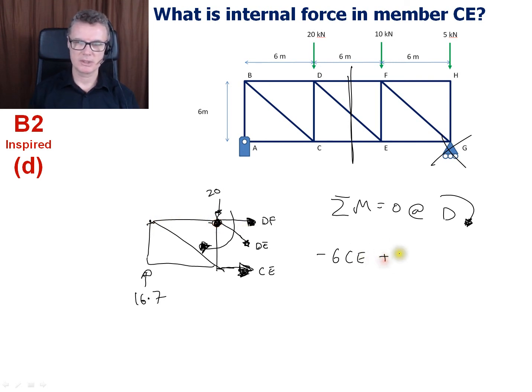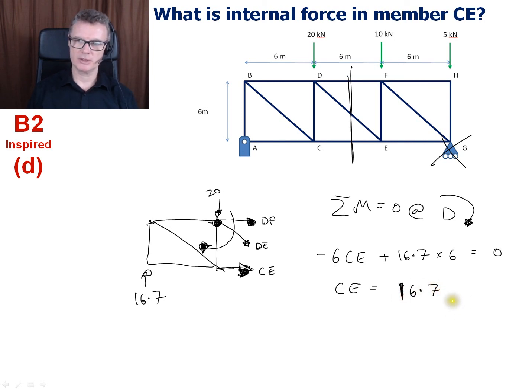So plus 16.7 times 6. So we don't need the 6's. So we can see that the CE will become positive, isn't it? So it's positive 16.7.